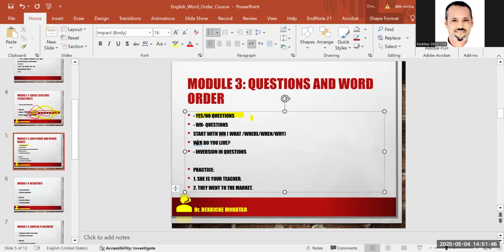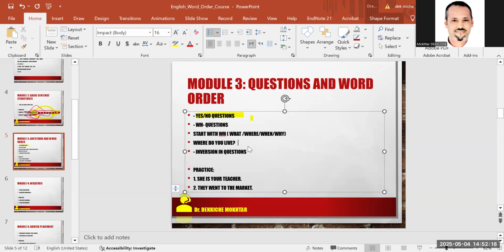Here we start with a WH question. "Do you live?" is yes or no, and "Where do you live?" requires you to specify a place where you live.